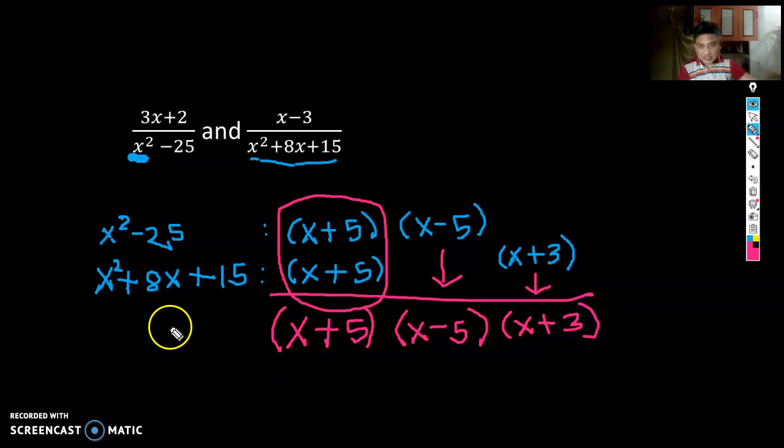So, therefore, the LCD of x squared minus 25 and x squared plus 8x plus 15 are x plus 5, x minus 5, and x plus 3.